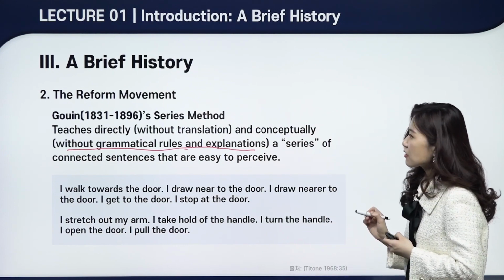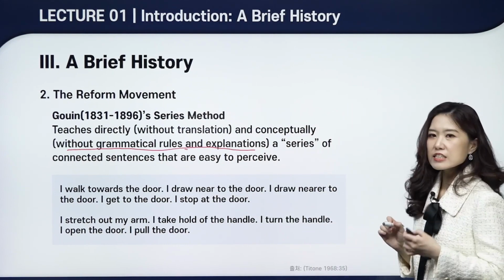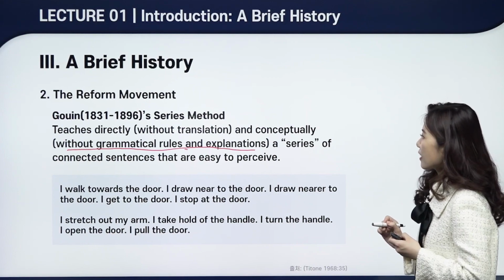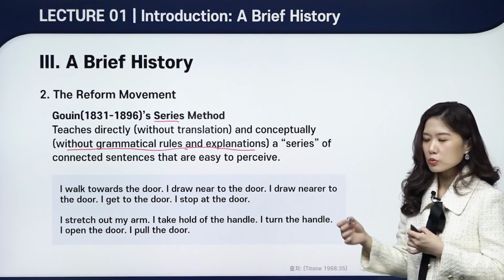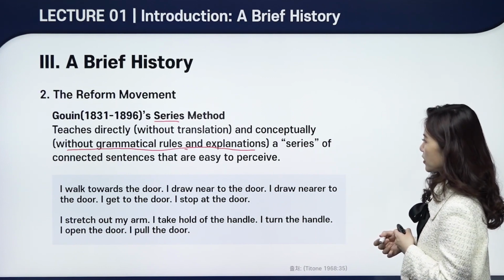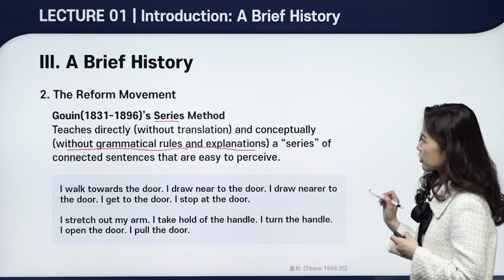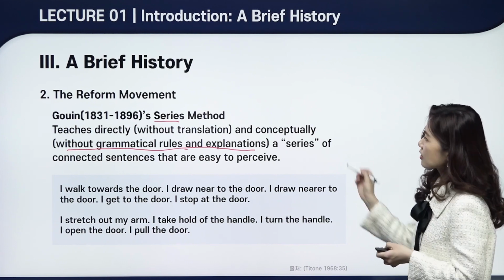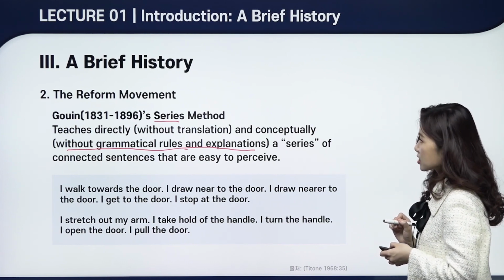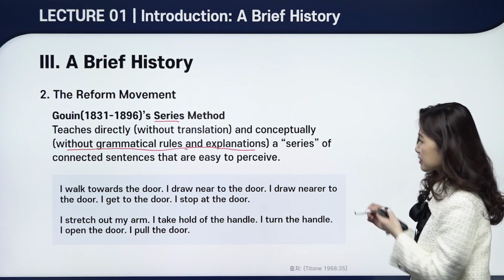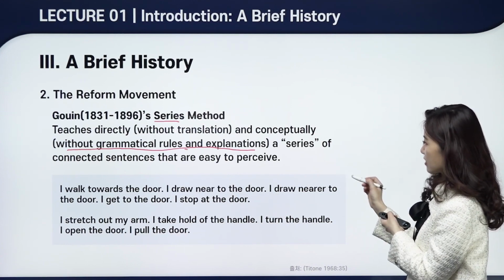A series of connected sentences that are easy to perceive. And as the name denotes, they are in a series or in a particular order. Let's have a look at this example here. If you were learning, let's say English, using the series method, you would be taught sentences like these in this order.